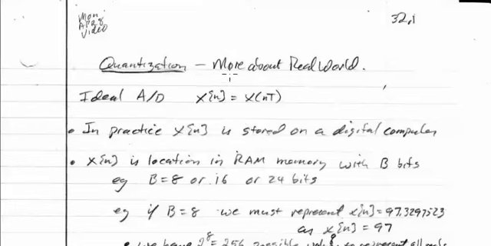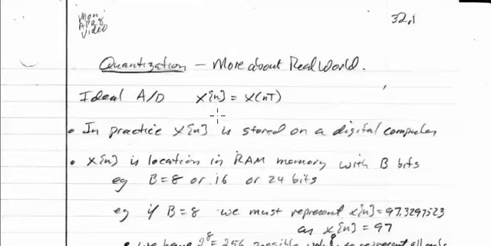One is quantization. In an ideal analog to digital converter, we just take whatever this value is. This is the value of the signal at the nth time interval, and we take its value and we assign it into x of n.